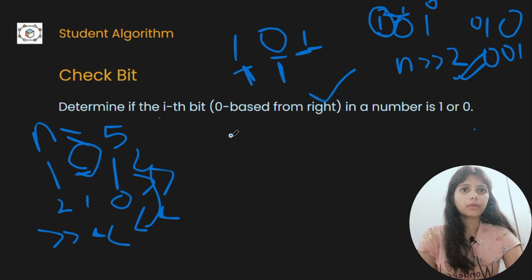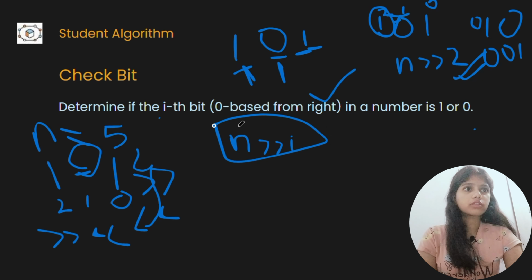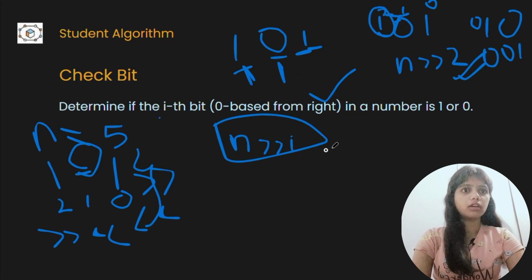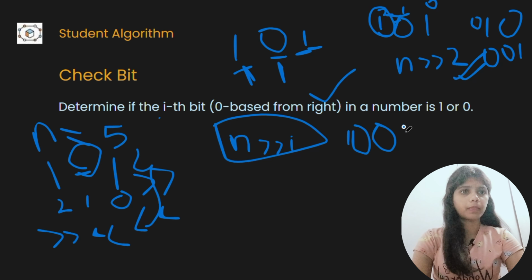what we are going to do is try with the AND operation. Firstly, n right shift 2, so what we got is 0 0 1. Try with one more operation, that is the AND operation.